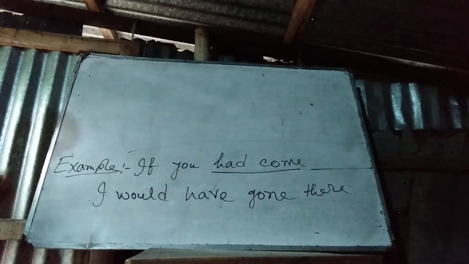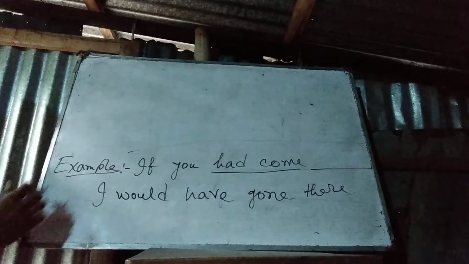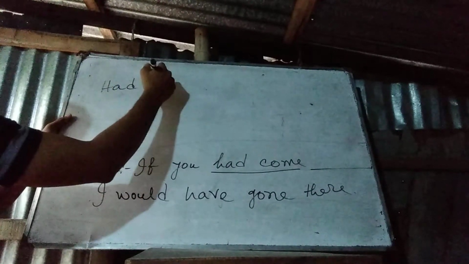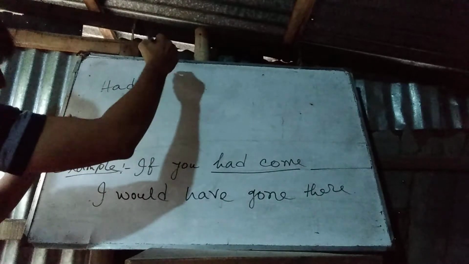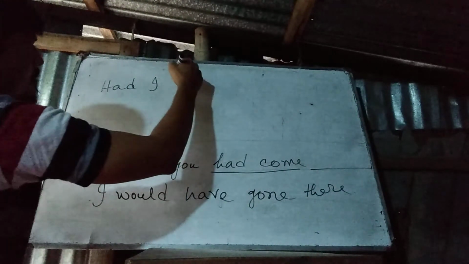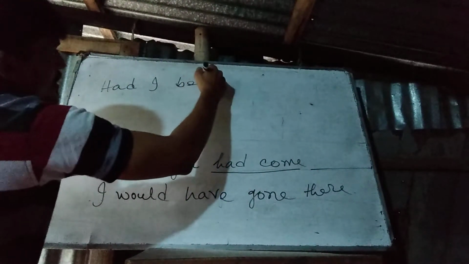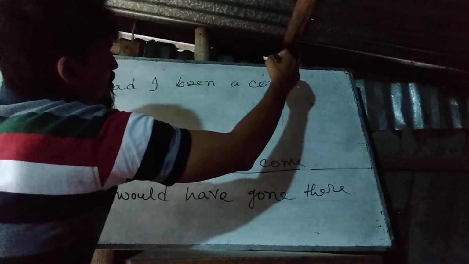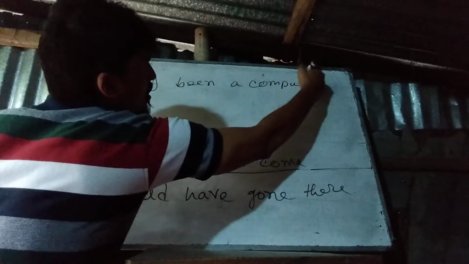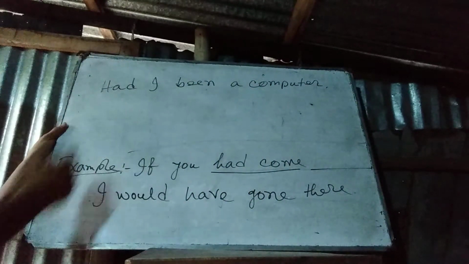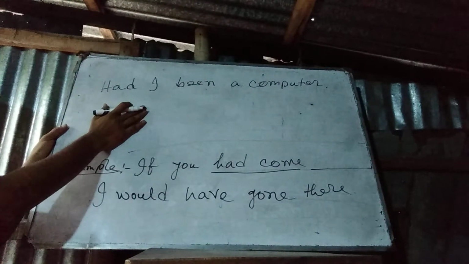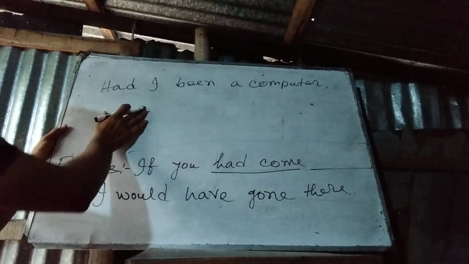So another way of sentence like had. So had I been a computer, this is another way a third condition can be set in the examination paper.